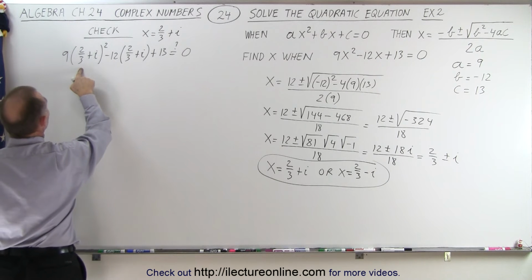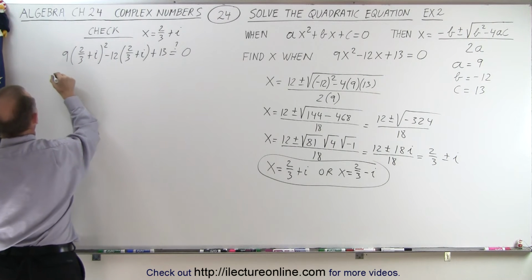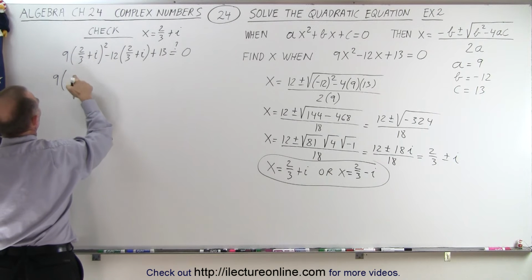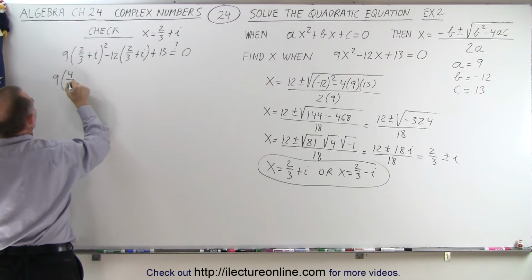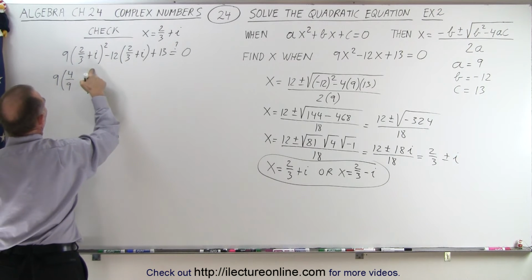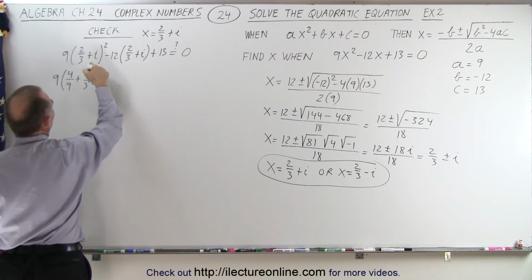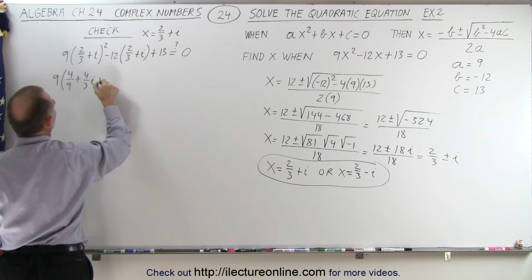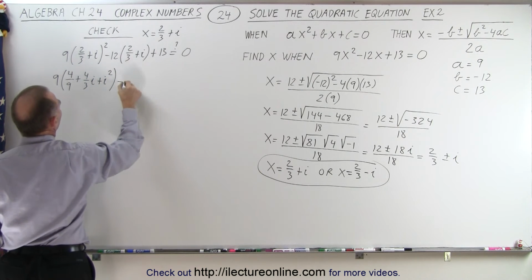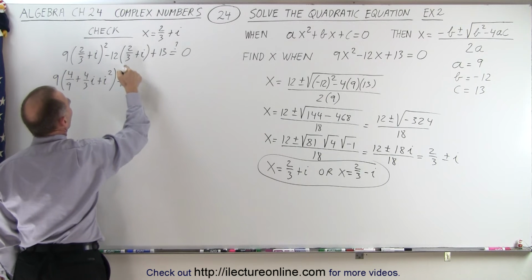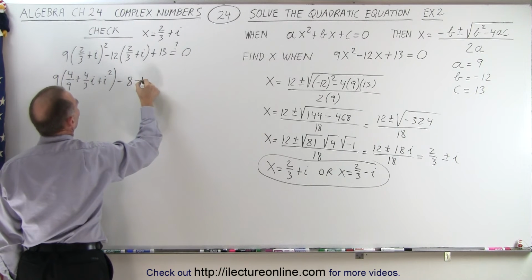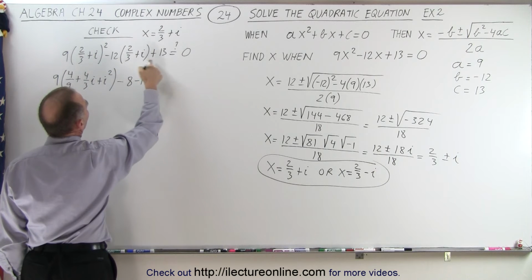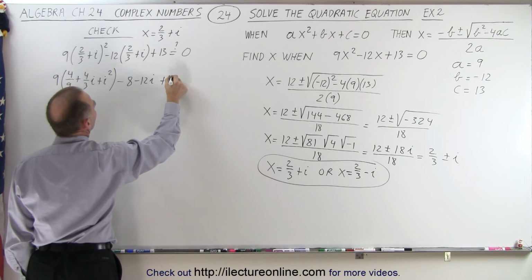Okay, we're going to square that, so we get 9 times 2/3 squared, which is 4/9, plus twice the product of the two, so that would be plus 4/3 i, plus the last term squared, which would be plus i squared, minus 12 times this, that would be minus 8, minus 12i, and here we have plus 13.